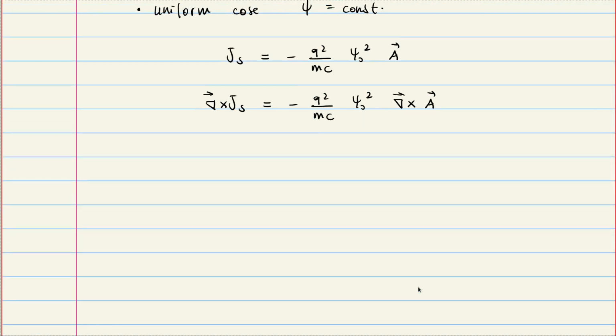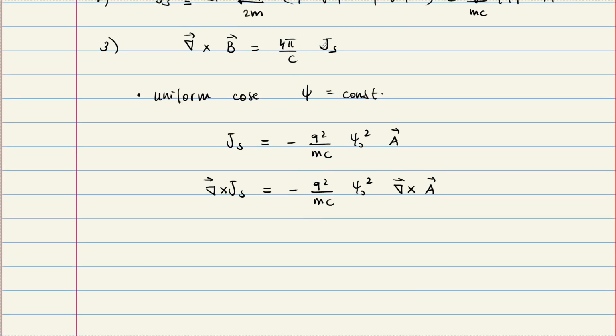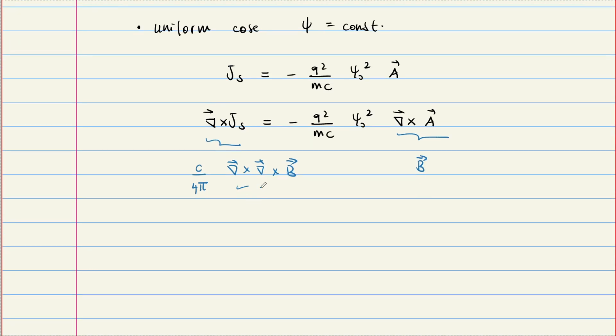And for curl Js, I also can use this equation. So this is going to be, this side, C over 4 pi curl of B, and this side is of course curl of A, which is magnetic field, and we expanded this as del squared B minus del dot B, and this thing is 0.